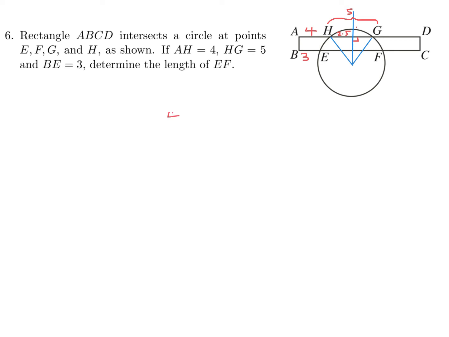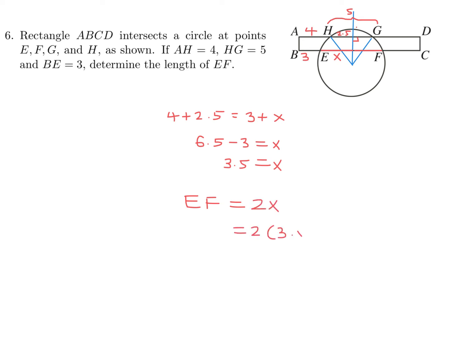So that means this 4 plus that 2.5 is equal to 3 plus, from here to here, we'll just call it x, I guess. Plus x. Okay, that should be good enough. So this is, what, 6.5 minus 3 is equal to x, and therefore x is 3.5. Now, EF, which is what they want us to figure out, is actually 2x, because this is also going to be x. So 2x, and since x is 3.5, we have EF equal to 7.